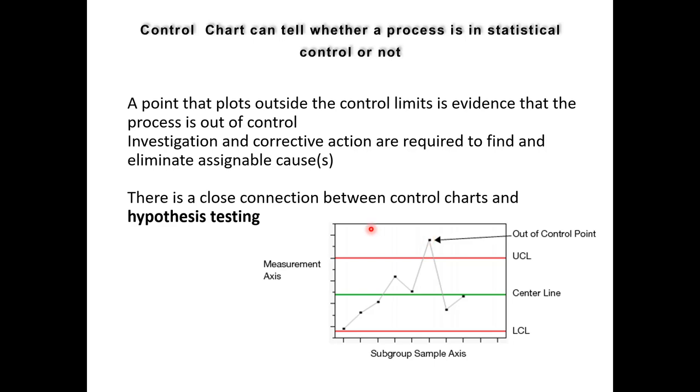If this happens, at this point of time the process is not in statistical control, or out of statistical control. And when that happens, you're going to perform some investigation to find out why at this point of time the quality readings are above the upper control limit.